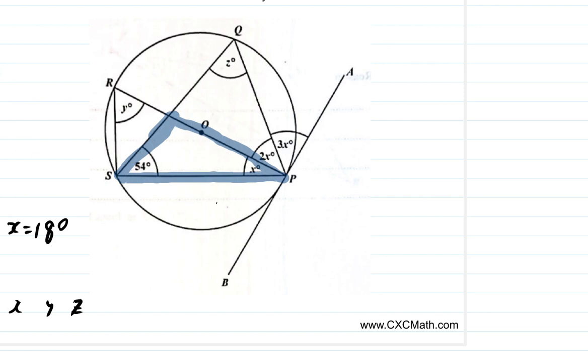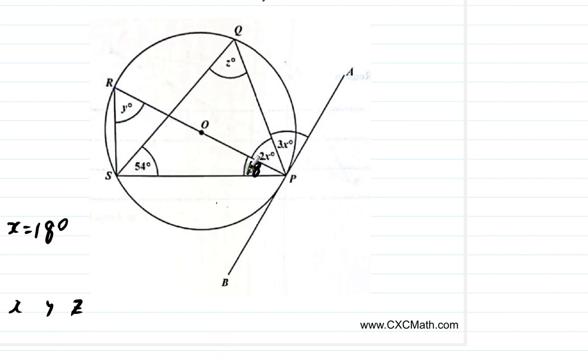Now, when you consider that triangle, inside that triangle, you have x. And x, as we found out a while ago, is 18 degrees. Alright? Oh, wrong triangle I talked about a while ago. It's this triangle, I should say. Yes, that triangle.